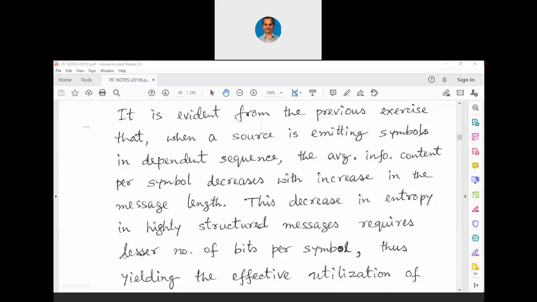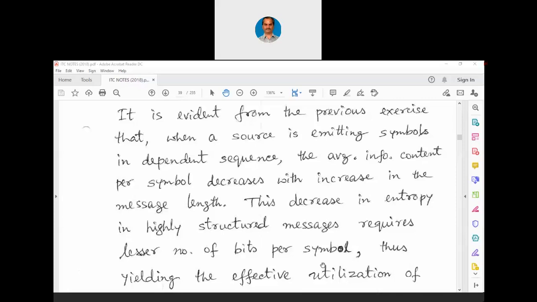This decrease in entropy in highly structured messages requires lesser number of bits per symbol. In the third module, we have a method of source encoding, where we ourselves are going to encode symbols based on their probabilities. For example, if there is a message called hello, H-E-L-L-O, how will it be transmitted in a channel?